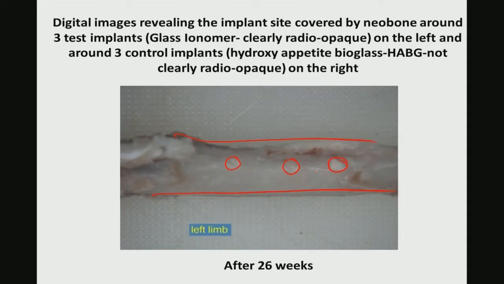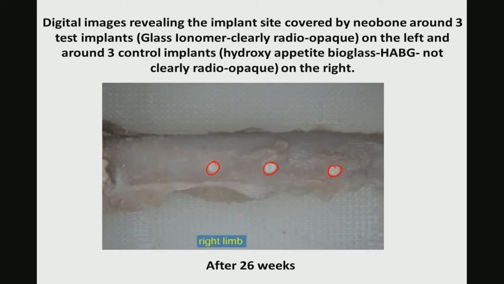The other thing I must emphasize is that, as far as possible, all the control implants and test implants are to be implanted in the same animal, of the same strain. You cannot do 3 implants in one animal and the 3 other implants in the next animal, because the moment you change the animal, their health status, age and sex may be different, even though they belong to the same species and strain.